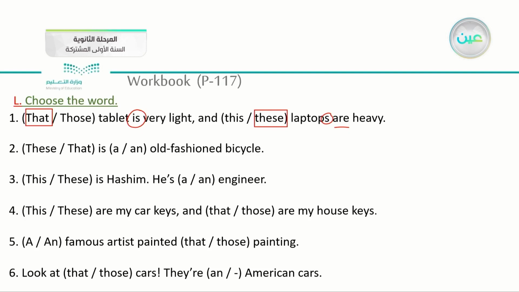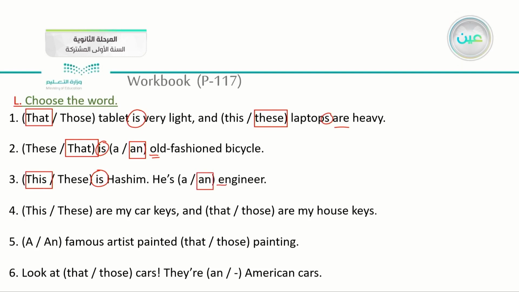This or that is one, so that is, then we're having old, the O sound, an old-fashioned bicycle. This or these is Hashim, is, so this is Hashim, he is an engineer, E sound, an engineer.